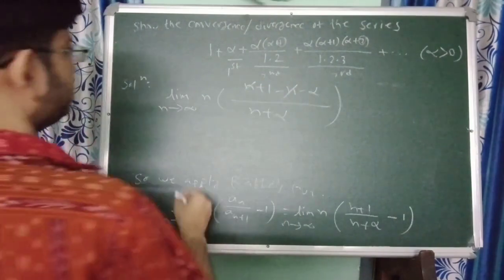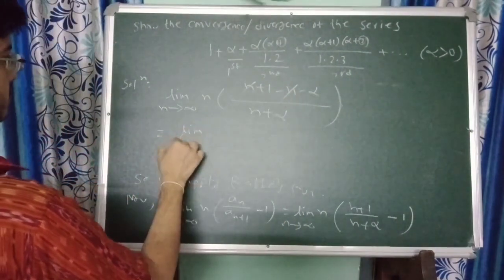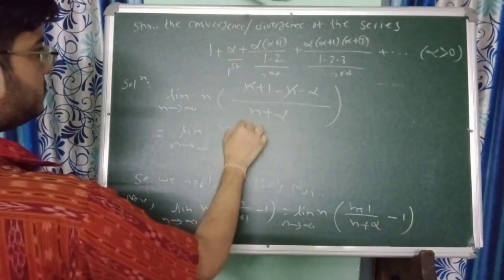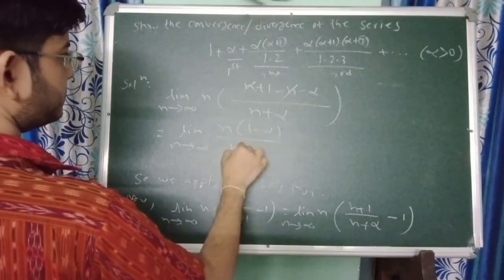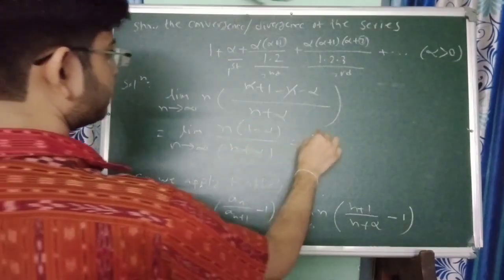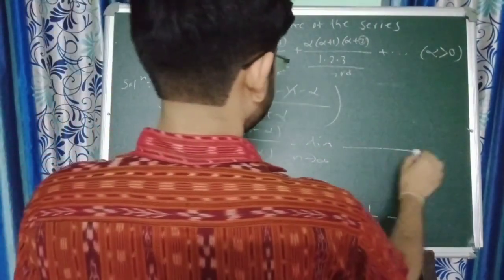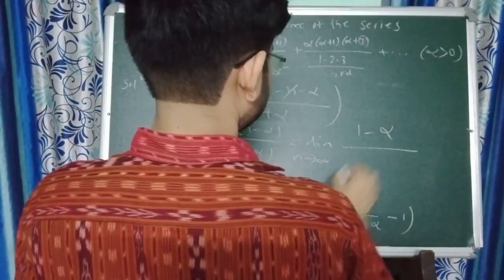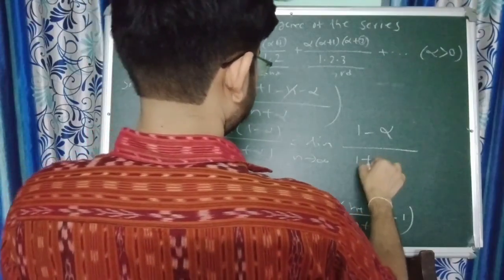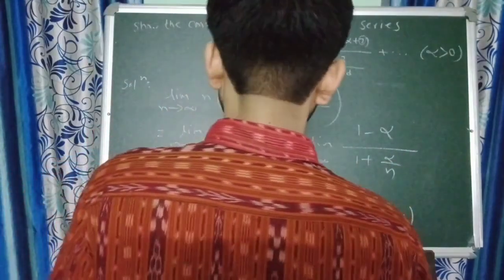Cancel n, limit n tending to infinity n into 1 minus alpha divided by n plus alpha, dividing both numerator and denominator by n, which is 1 minus alpha over 1 plus alpha by n.